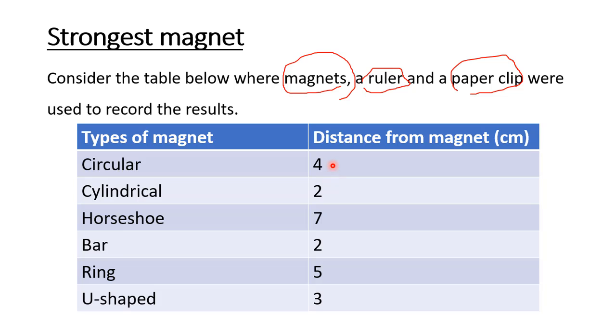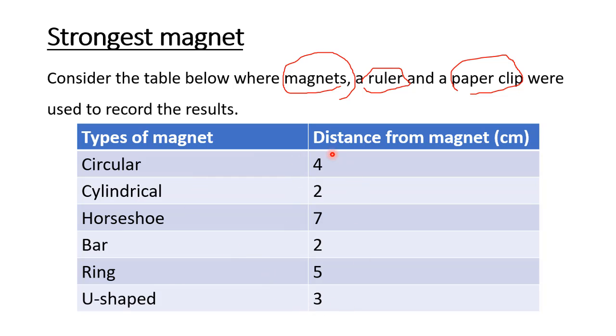If you have a magnet, get your paper clip, put it away from the magnet, and try to bring the paper clip close to the magnet while measuring the distance, and see where the clip will get attracted to the magnet. Record the distance from where the paper clip has been attracted to the magnet. If you do that, you will come up with a table like this one.